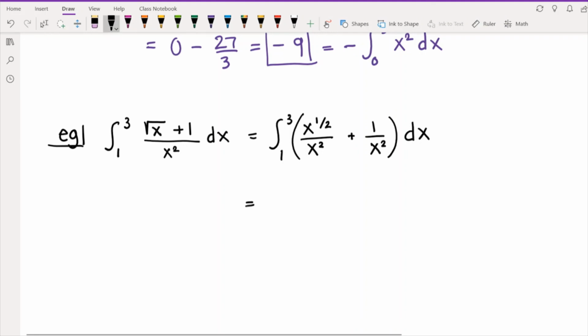Because then we can simplify each of these two fractions in a way that we can use the power rule or the reverse power rule. So x to the 1/2 over x squared, we want to do 1/2 minus 2, which gives us x to the -3/2. And then we can rewrite 1 over x squared as x to the -2.